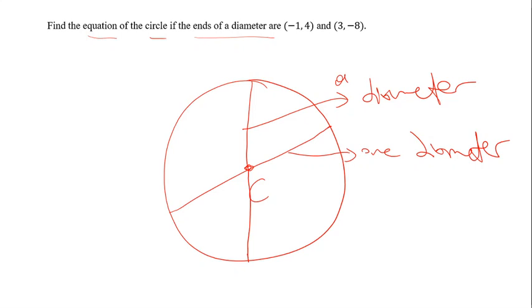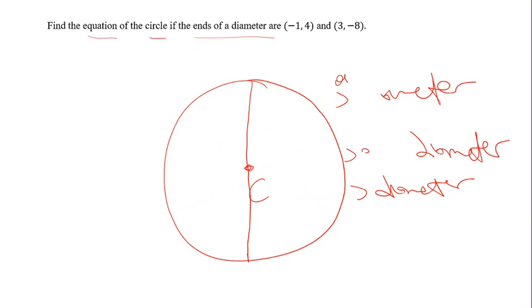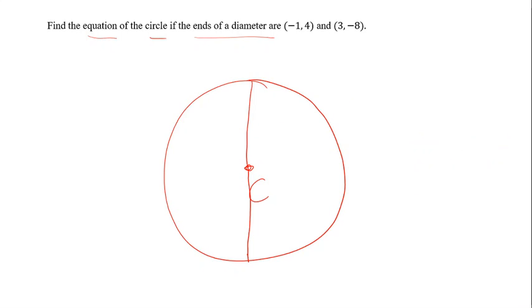And this is a diameter, and there's another one here. You can make infinitely many diameters here. These are all diameters, and it says one of the diameters has endpoints minus 1, 4, and 3, minus 8. So then write the equation.